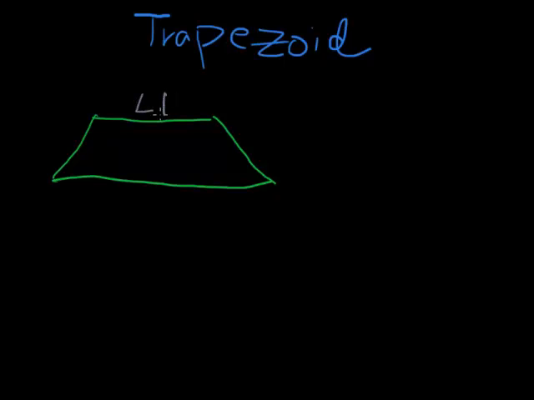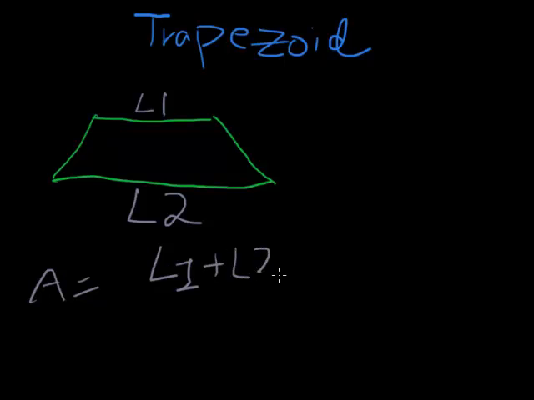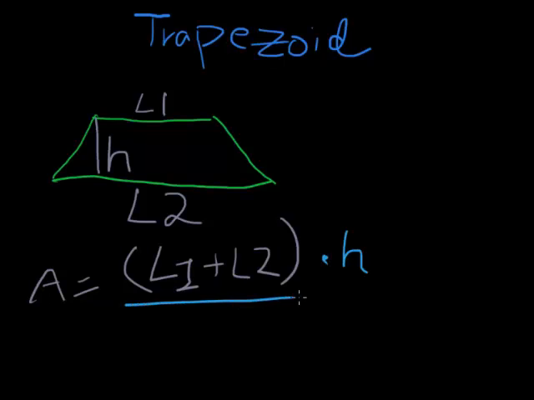So if this is L1 and that is L2, the area is equal to L1 plus L2 times the height, divided by 2. We'll call this part the height.